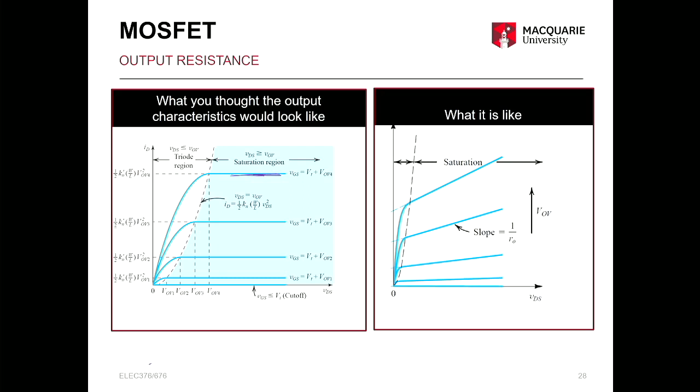But in reality, it does not saturate to a constant value. We see that as VDS increases beyond saturation, the output ID also increases. So when the slope is not flat, it now is a finite resistance. It's not an infinite resistance anymore. It is a finite resistance that appears as the output resistance of the MOSFET. Okay, so we will look at that property now.